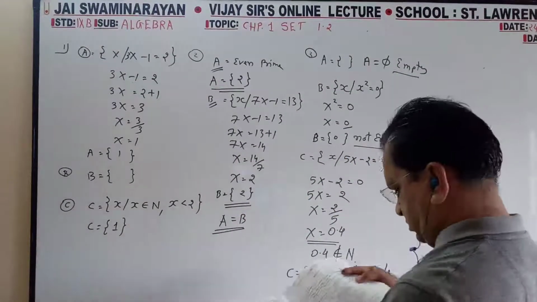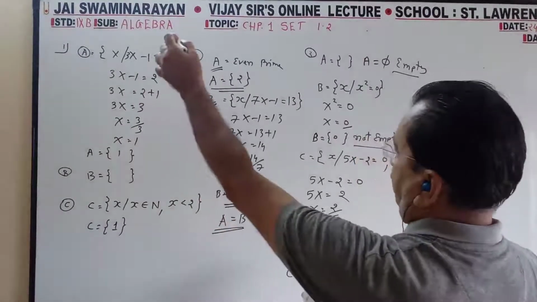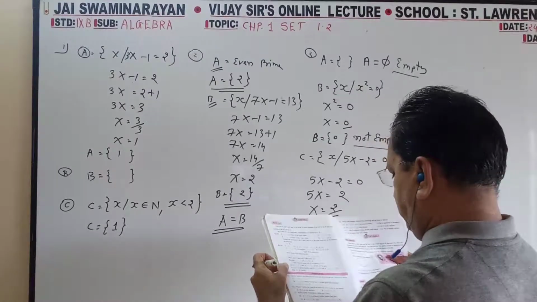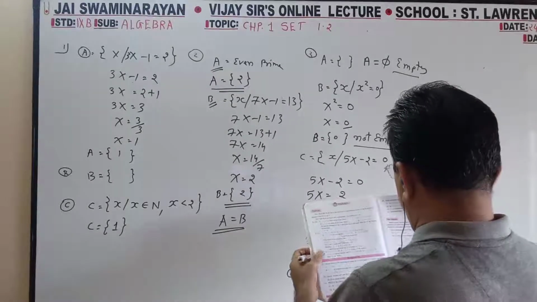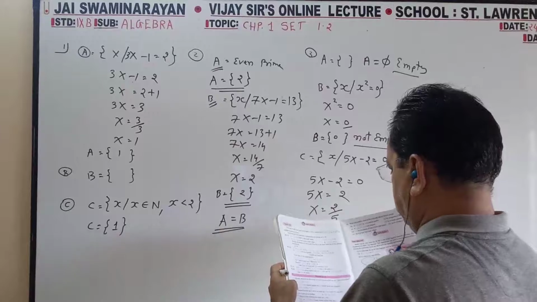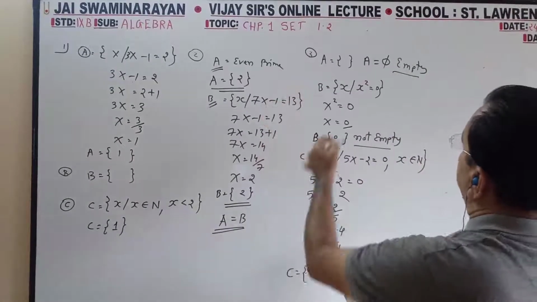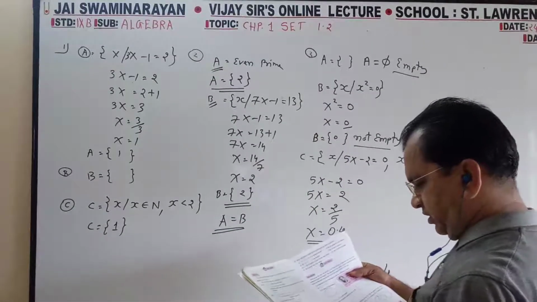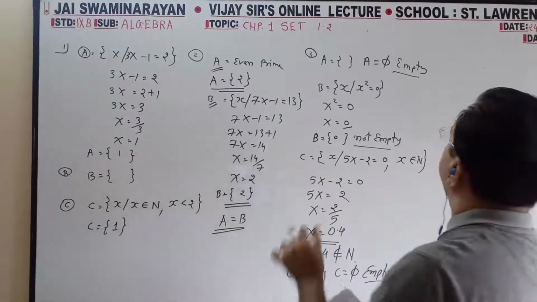Now, we have to see for the first question, equal or not. Then these two are equal or not. Then this, which are empty or not. Third number. And now fourth, finite or infinite.